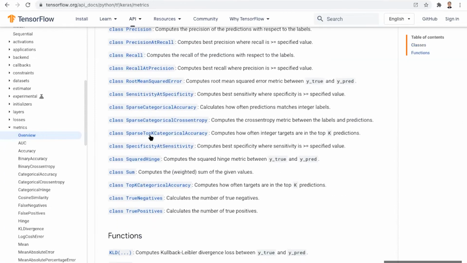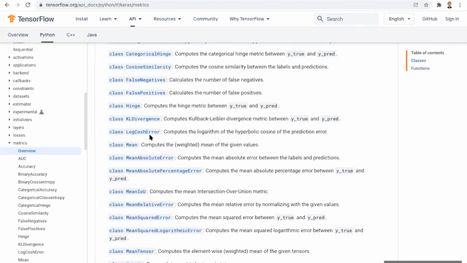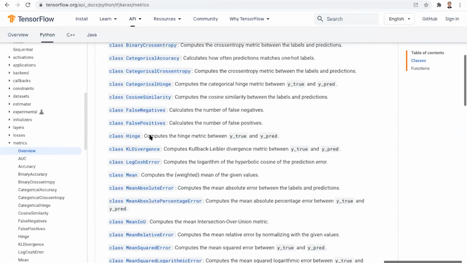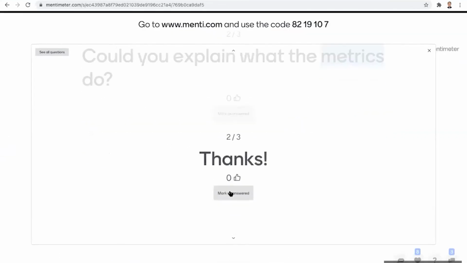There are so many of them. The one that is very obvious from the word is accuracy. So that's the meaning of the metric.